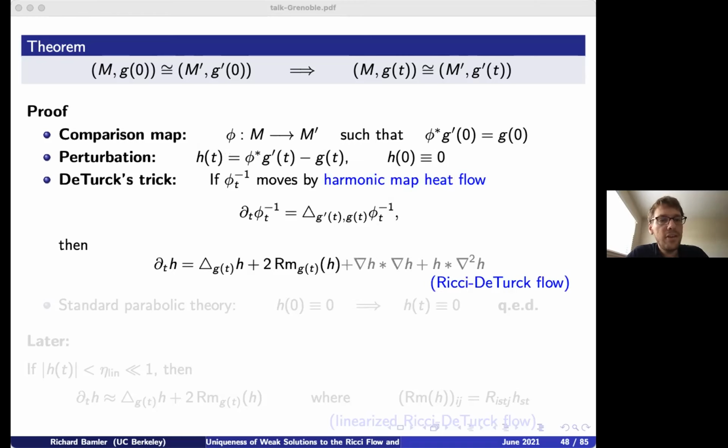Okay? So harmonic map heat flow is just the heat equation for maps. Remember, you can always define the heat equation, and you have a Laplacian on this side, and the Laplacian is just the second derivative of a function if we walk along geodesics whose velocity vectors form an orthonormal frame. Okay?